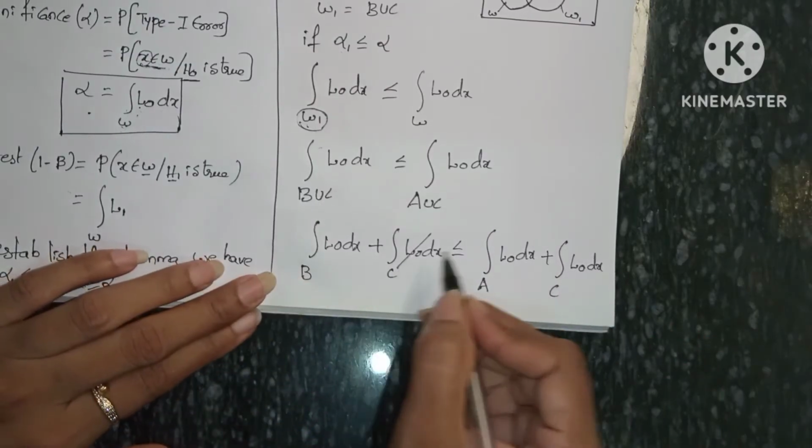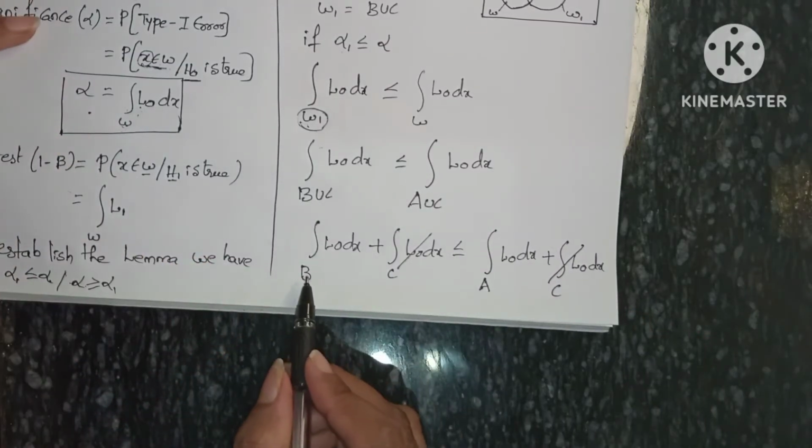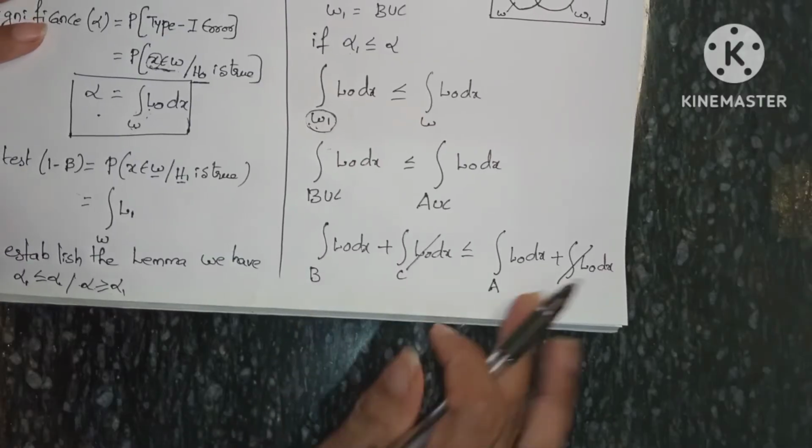The common values get cancelled, and the remaining term is the integral over B of L naught dx.